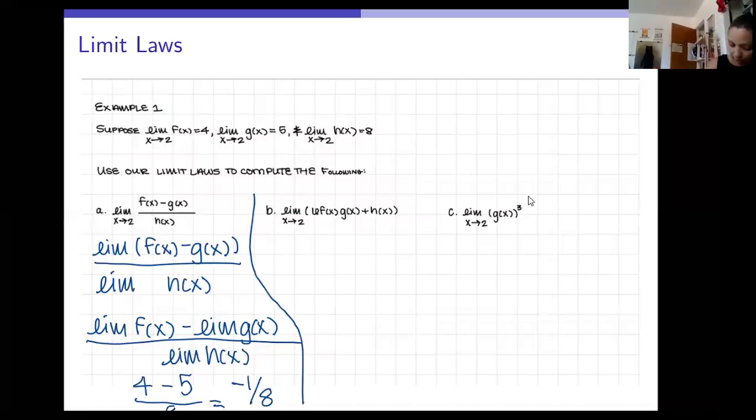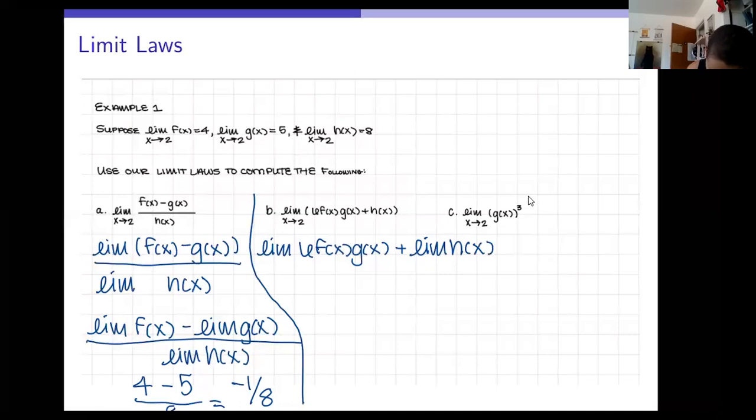So now let's talk about b, and you can probably work through this one on your own, but just in case, let's go through it together. We've got the limit of 6 times f of x times g of x plus h of x as x approaches 2. So first, let's rewrite this as the limit of 6 f of x times g of x plus the limit of h of x.